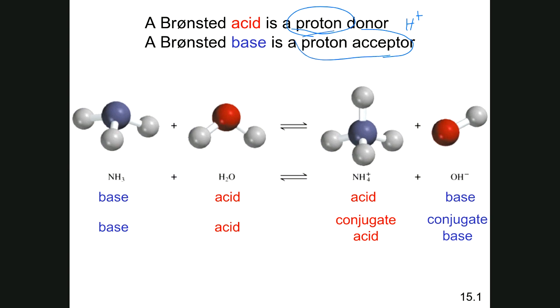Why do we call H+ a proton? Because hydrogen has 1 electron, 1 proton, and 0 neutrons. So if we take away the 1 electron, the only thing that is left is going to be 1 proton.